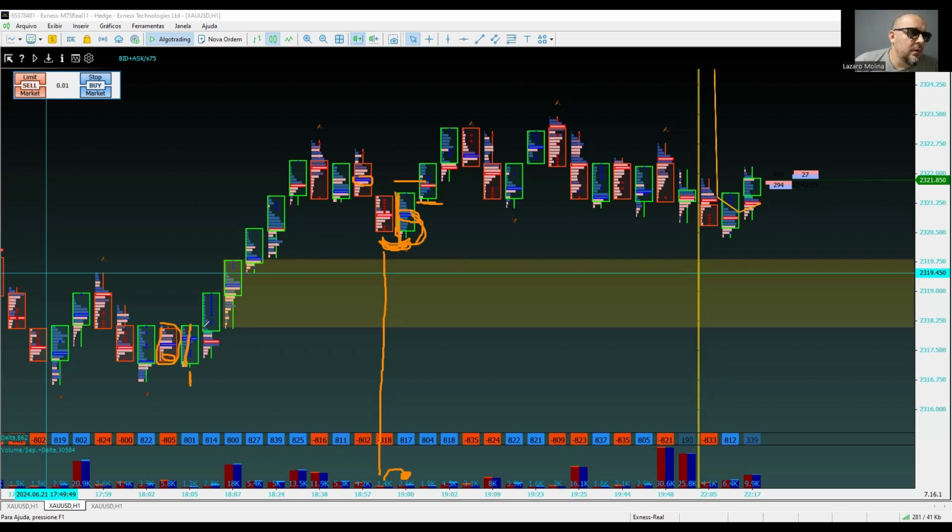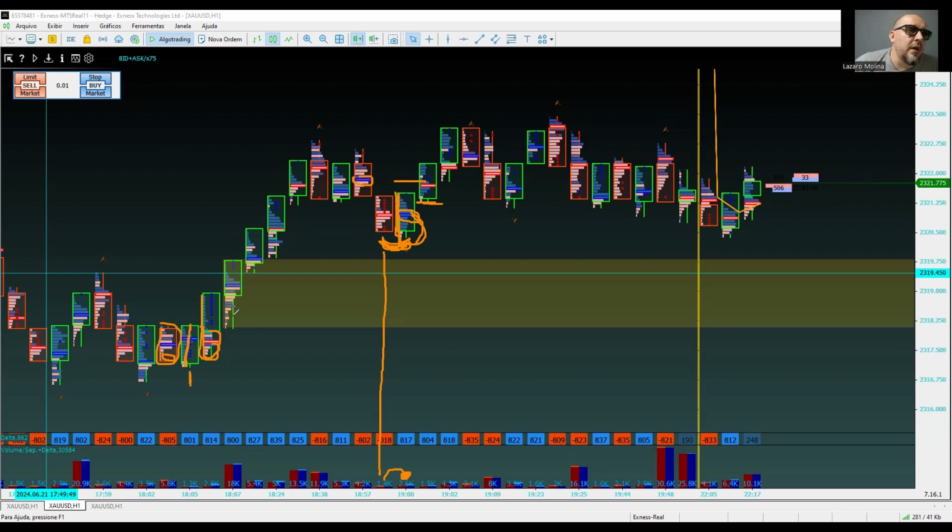And when it starts another cluster, it comes to take all those imbalances, and the shape comes like a letter B.